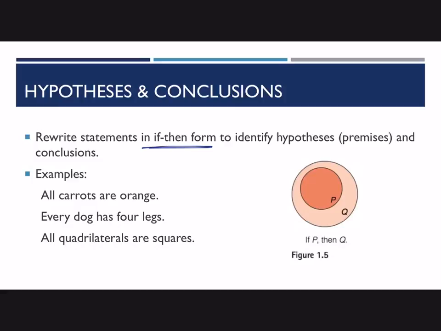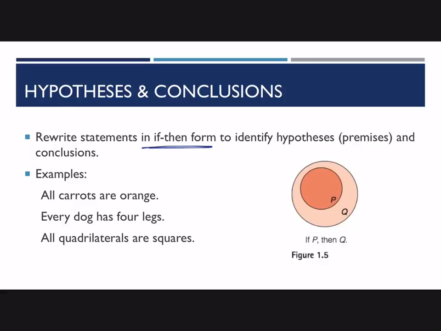So all carrots are orange could be translated, if it is a carrot, then it is orange. Every dog has 4 legs could be written, if it is a dog, then it has 4 legs. And all quadrilaterals are squares could be written, if it is a quadrilateral, then it is a square.